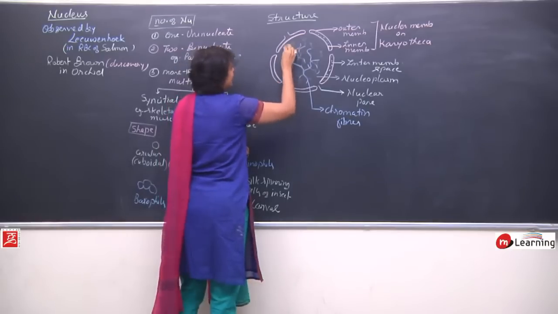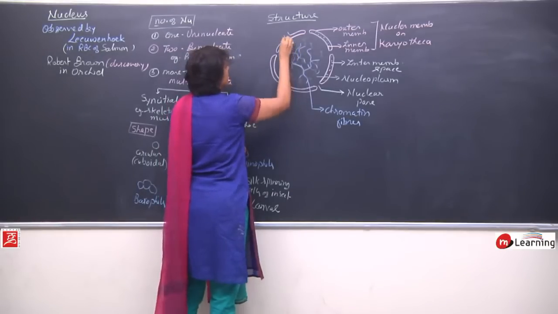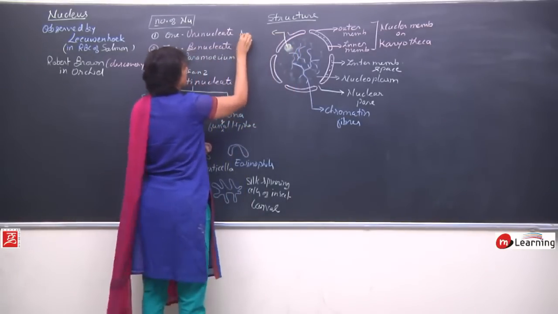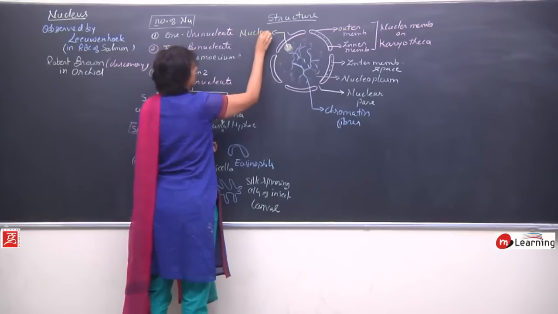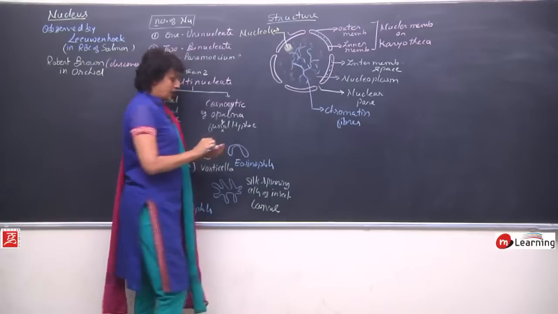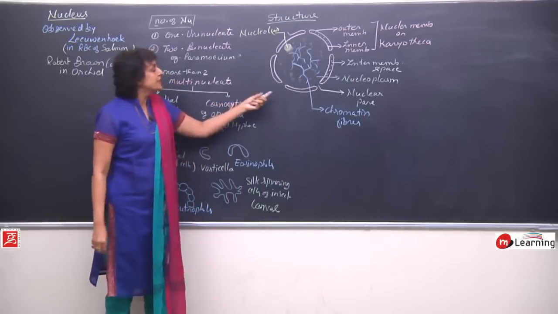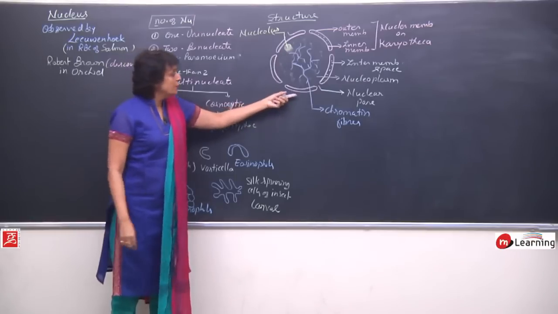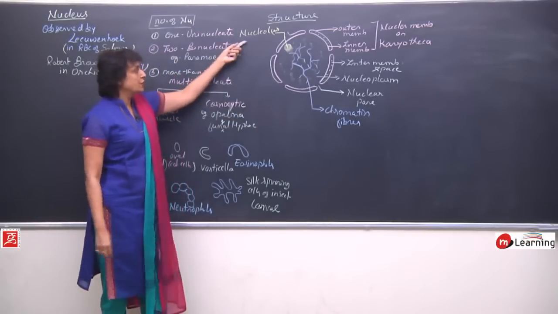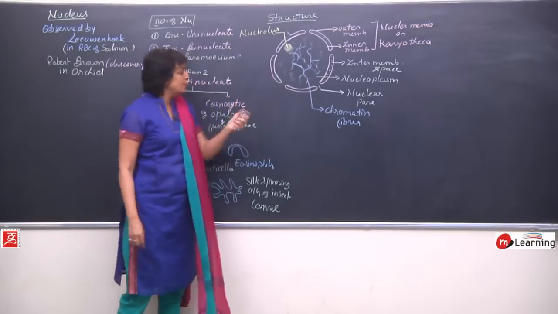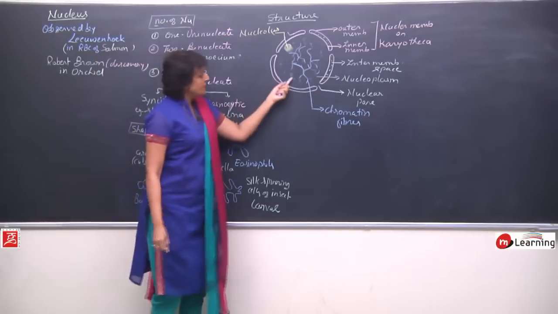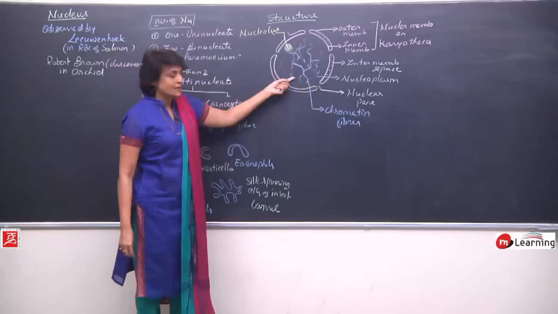And there is a dense body which is known as nucleolus. We will see all these structures in detail, that is the structure of the nuclear membrane, the pore, even nucleolus, and the chromatin fibers. What is present in this nucleoplasm?